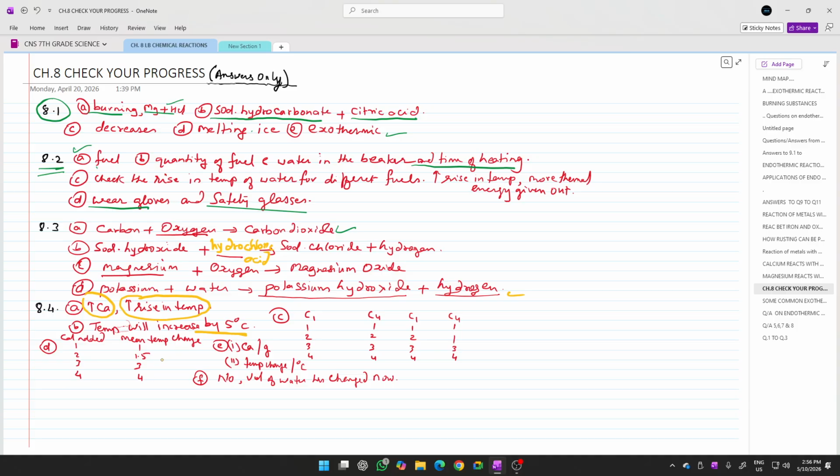For 2 gram, it will be the mean of 2 and 1, which is 1.5. And third is 3, so the mean will be 3, and the fourth is 4, so it will be 4. So the mean temperature column will be 1, 1.5, 3, and 4. This is the mean of the rising temperature of both Arun and Zara. Okay, that was question number D.